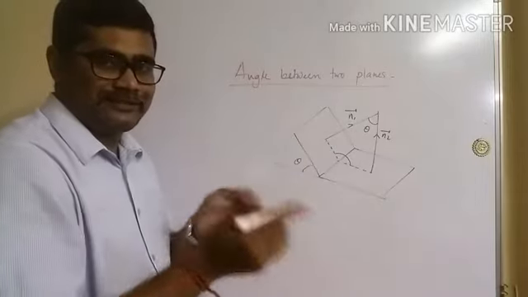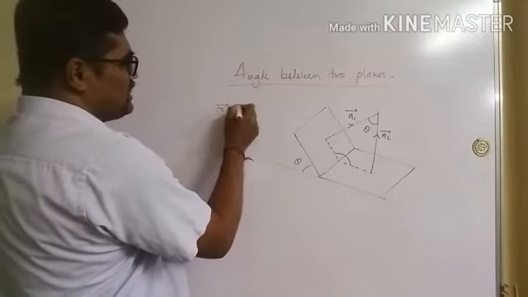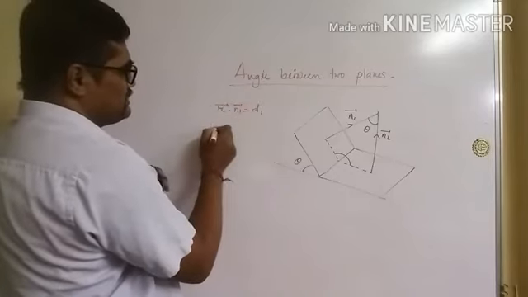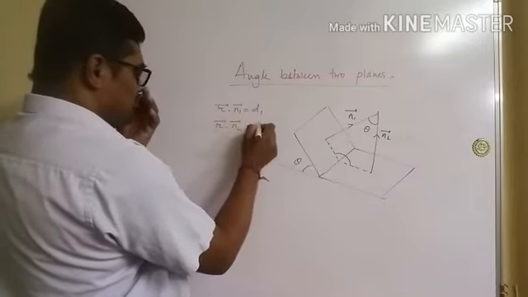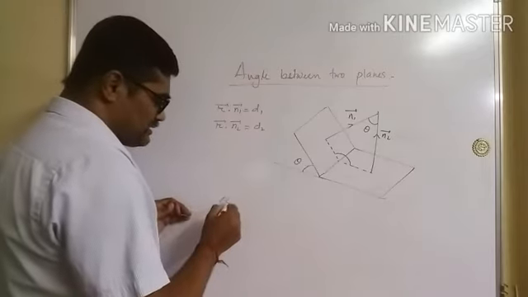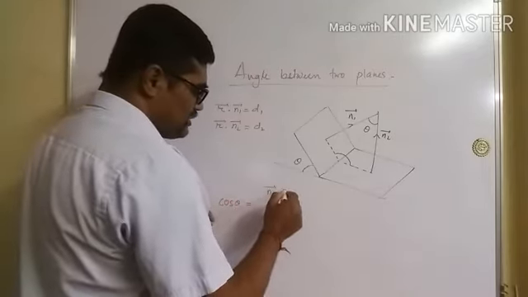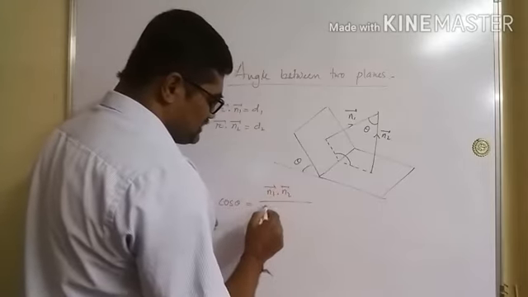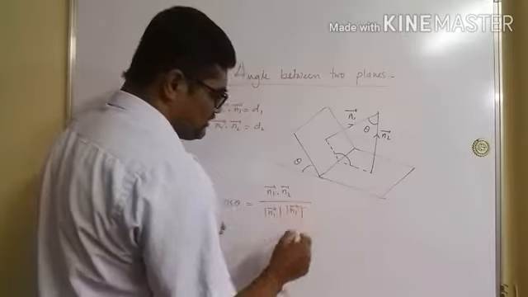So finding the angle between the planes means finding the angle between n1 and n2. If your plane equations are r dot n1 equals d1 and r dot n2 equals d2, what will be the angle expression? Cos theta, the angle between n1 and n2, is n1 dot n2 divided by magnitude of n1 times magnitude of n2.